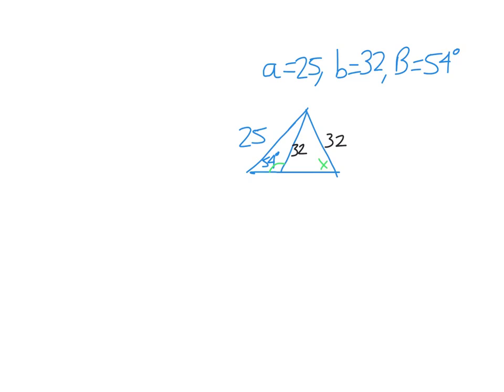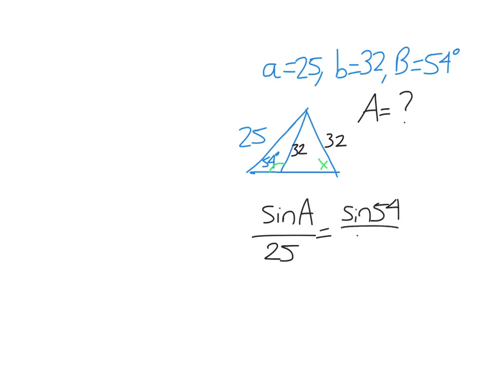We use the formula. So remember, when we're finding angles, angles go on top. So here, I want to find what is angle A. So sine of A over its corresponding side is equal to sine of B over its corresponding side.